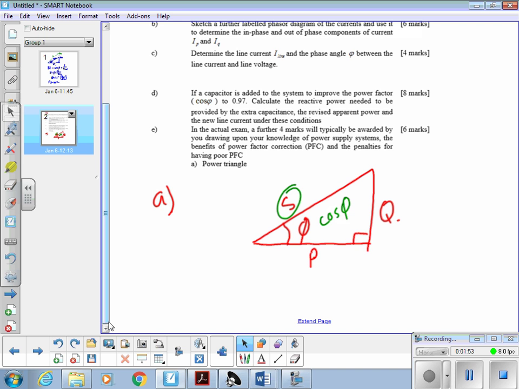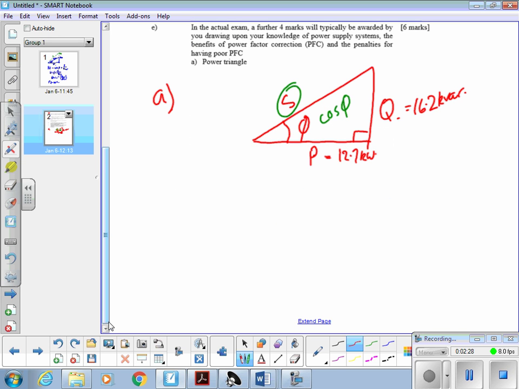And so the method for that is, we know P, just tell me what the values are quickly. And Q, 16.2 kVAR. So the method for finding that is good old Pythagoras. We've got to find S first.